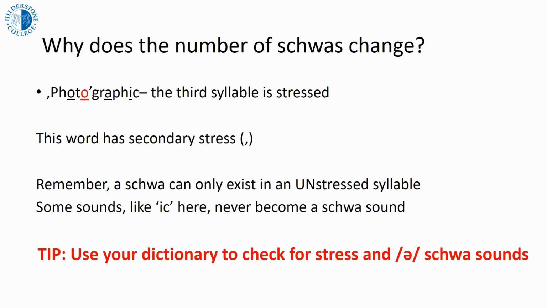So now when you see that in the phonetic transcription of a word, even if you don't recognize the other funny symbols, it doesn't matter because you will recognize the schwa sound. So look for the stress, check for secondary stress if it's a long word with lots of syllables, and then look to see where there's a schwa sound.